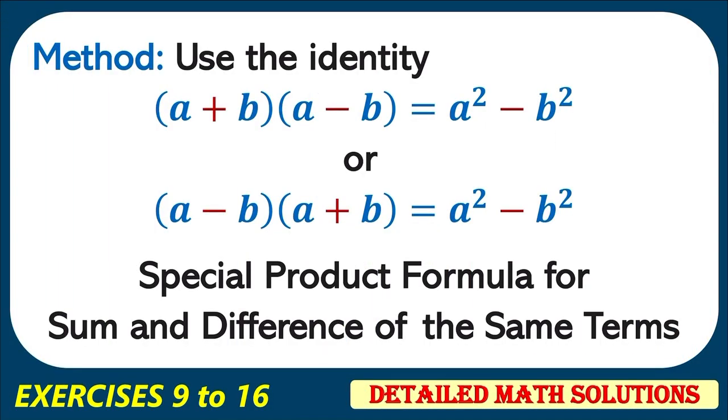To solve these exercises, I'm going to use the identity (a plus b) multiplied by (a minus b) equals a squared minus b squared, which can also be written as (a minus b) multiplied by (a plus b) equals a squared minus b squared. This identity is also called the special product formula for the sum and difference of the same terms.